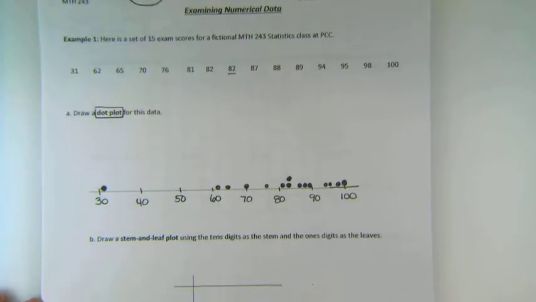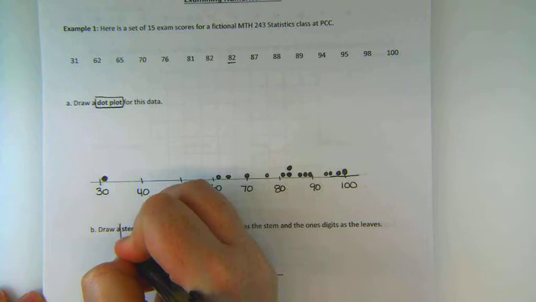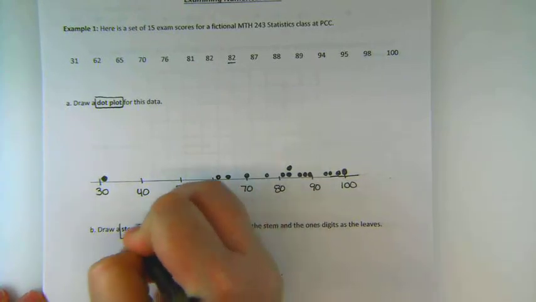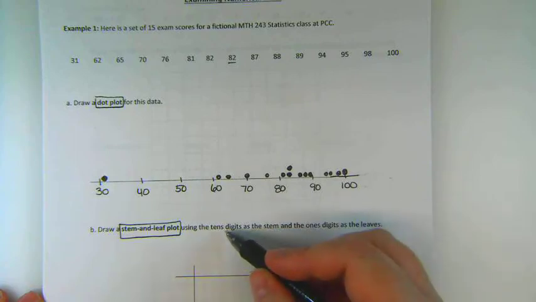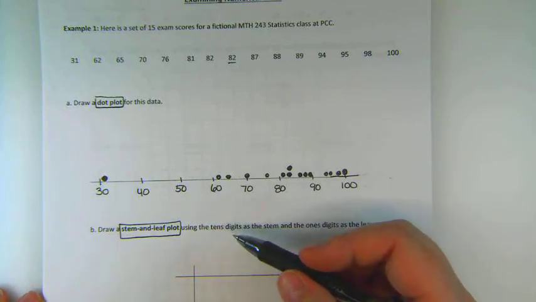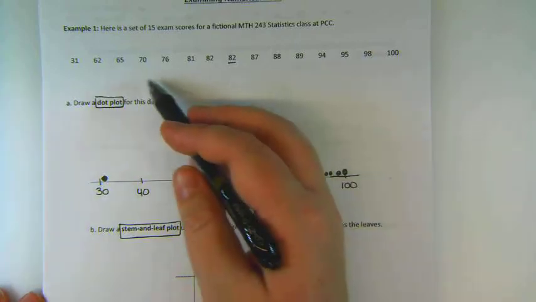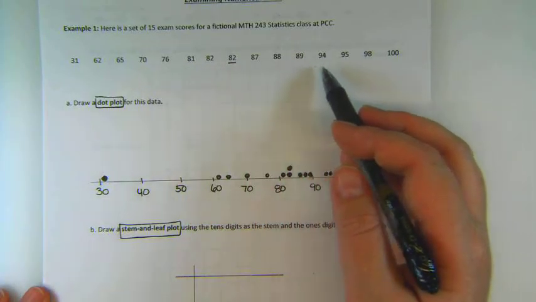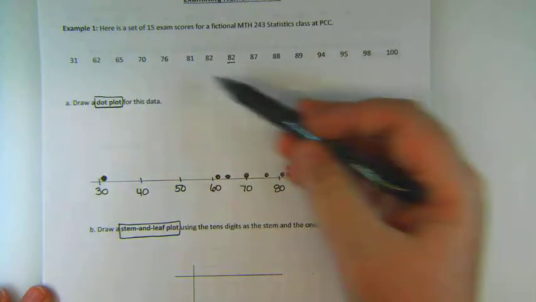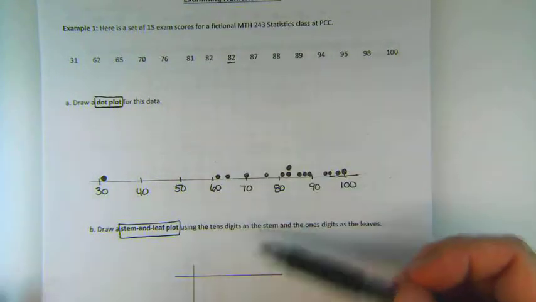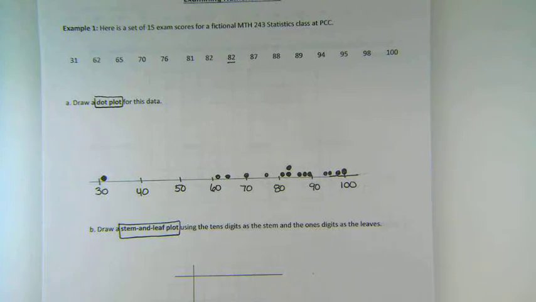Next one we want to look at is the stem and leaf plot. The stem and leaf plot separates the data into stems and leaves, and typically the stems are going to be the tens digit. It adjusts based on the size of your data. Like all of our values are in terms of tens and ones places. If they were all in the thousands or something, we'd want to adjust our stems and leaves.